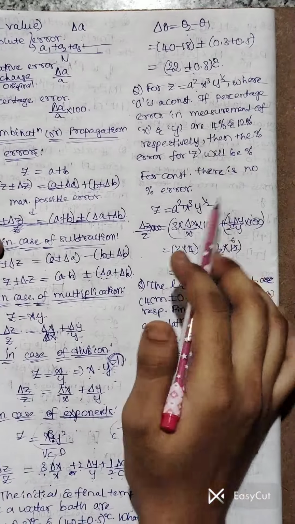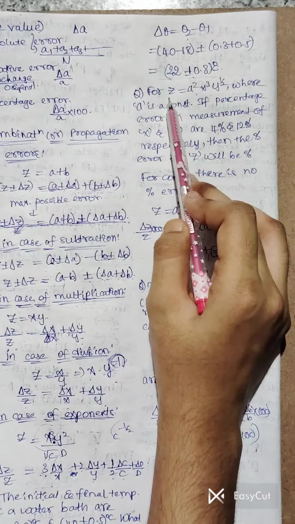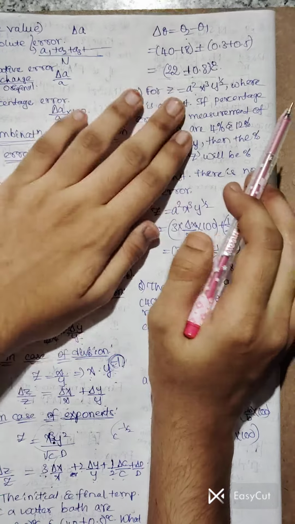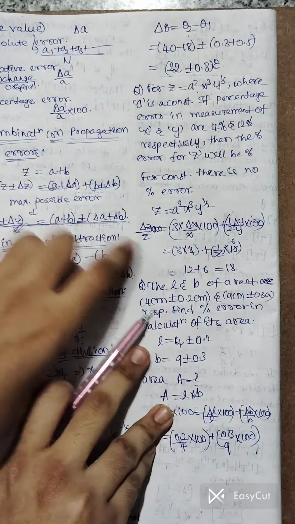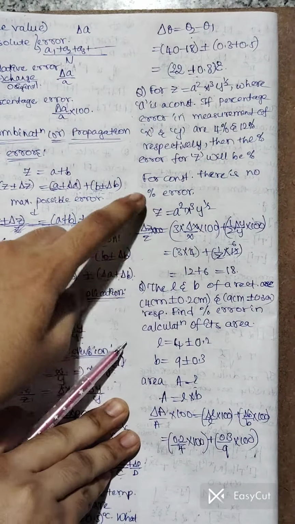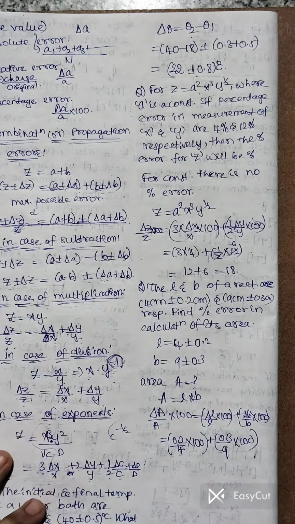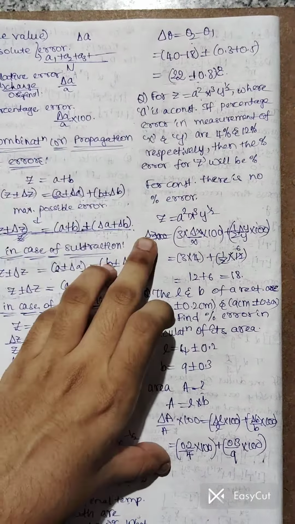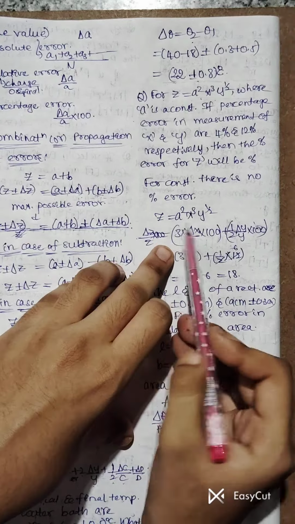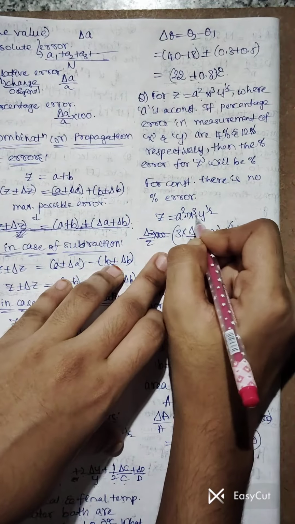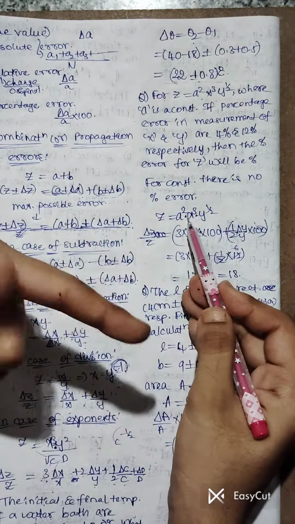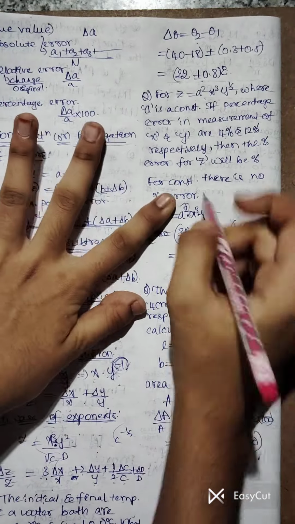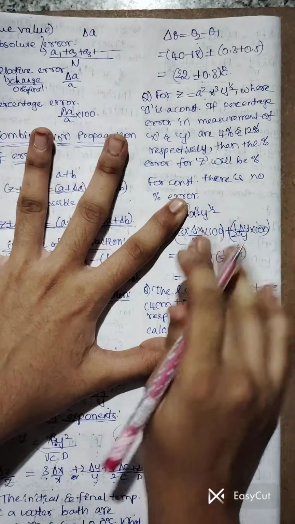As here they have given z is equal to a square x cube y power 1 by 2, and a is a constant, you should not take it. Now delta z by z, as they were asking percentage error, so you should multiply by 100, delta z by z into 100. Now as these are in a product, raised to some exponent, this exponent should come into multiplication. As here a square is constant, you just remove it.